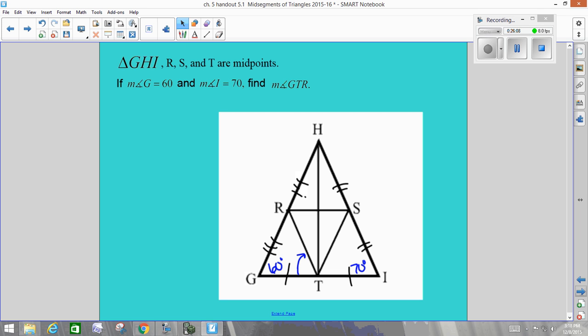Gracie? Why would you do that? Which ones are congruent?